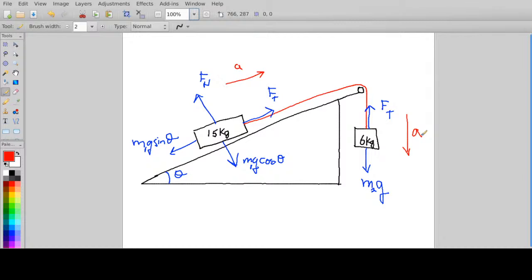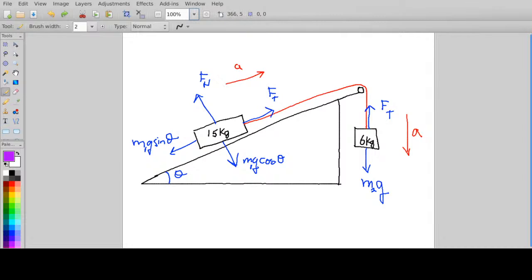Okay, so I did one of those in class. So here what I'm going to do is guess that the direction is uphill for the 15 kilogram. It's going to accelerate uphill for the 15 kilogram, and the 6 kilogram is going to drop. Okay, and that turns out to be the correct guess, and you'll see that A works out.